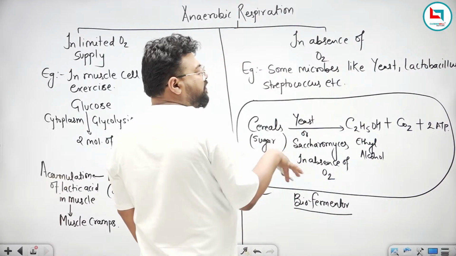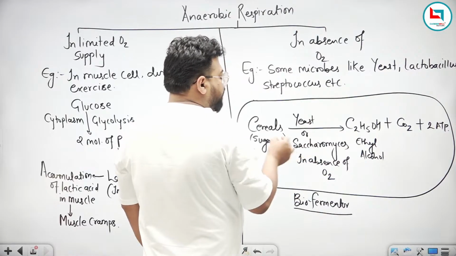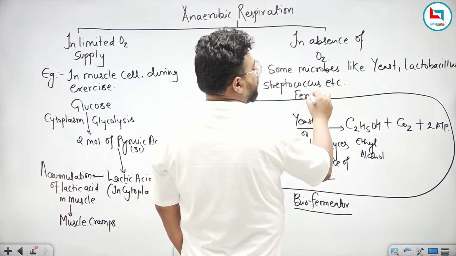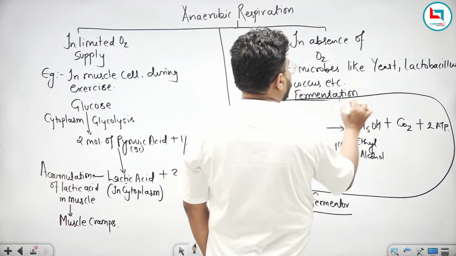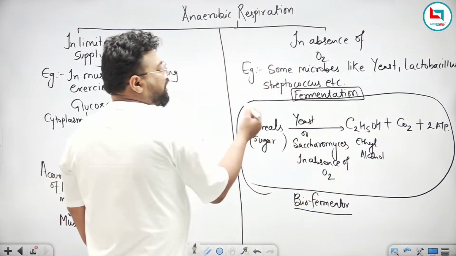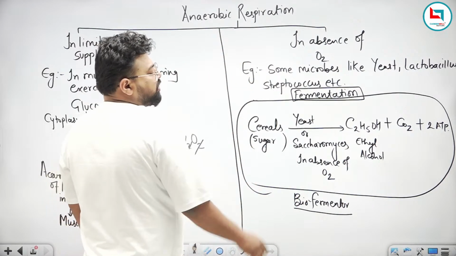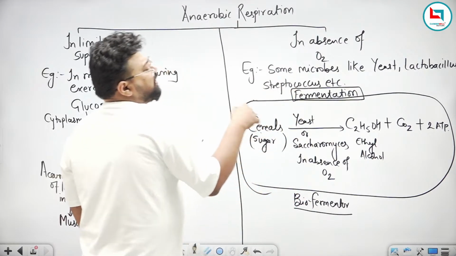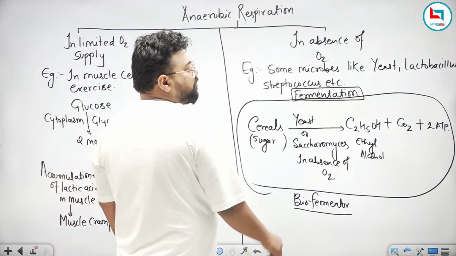Now, whenever inside an industry the production of alcohol occurs from sugar, such a reaction is known as fermentation. What is fermentation? The conversion of sugar into alcohol in absence of oxygen through microbes like yeast or Saccharomyces. So in this reaction, whatever the cereal may be, like rice, barley, jowar, millet, these contain some sugars, carbohydrates in them.